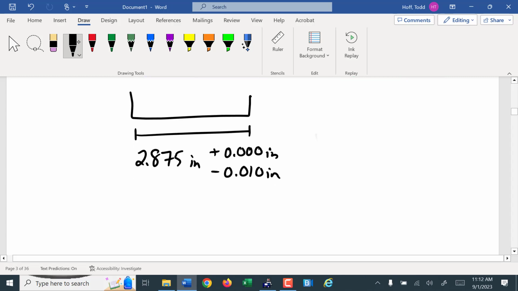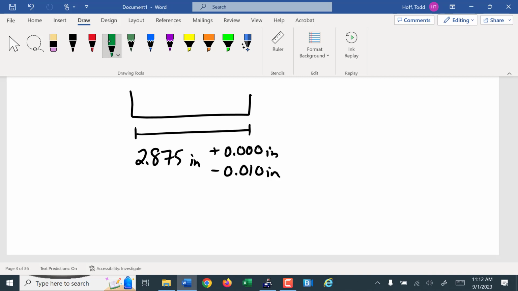What does this mean? We can be under, but we cannot be over. So it's saying we really want it to be 2.875, but if we can't be exactly that, we want to make sure we're smaller than it, not bigger.